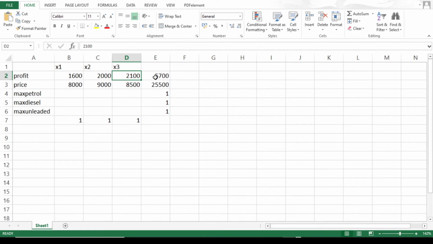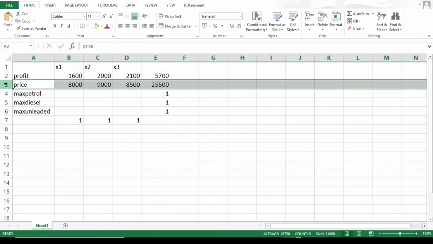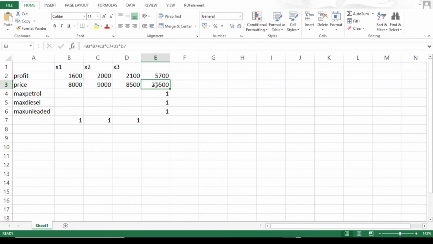And in column E, I put in the formula similar to what we did previously in example 55. So there you can also see the formula that I have in column E. Then in the third row, I have my first restriction, and that's the cost for petrol, diesel, and unleaded petrol. And there you have the formula.